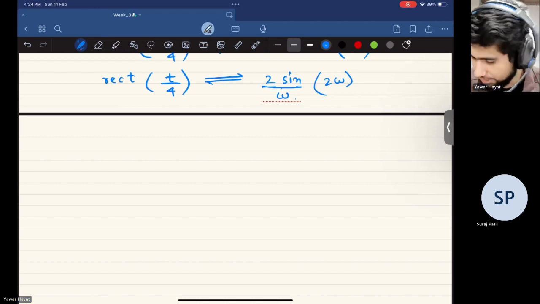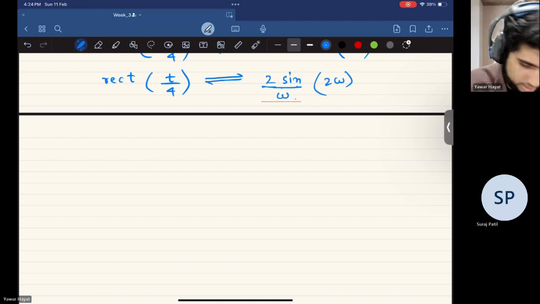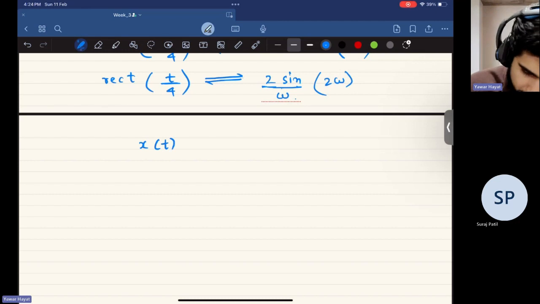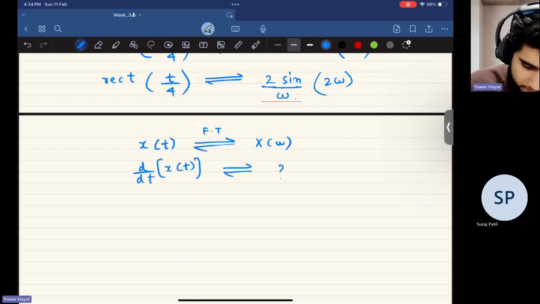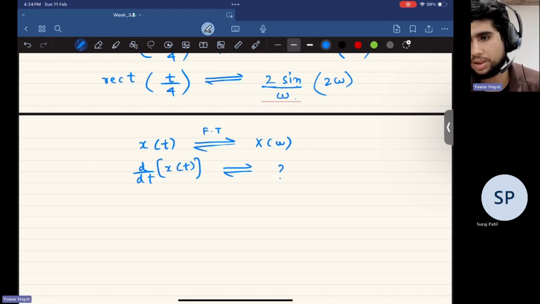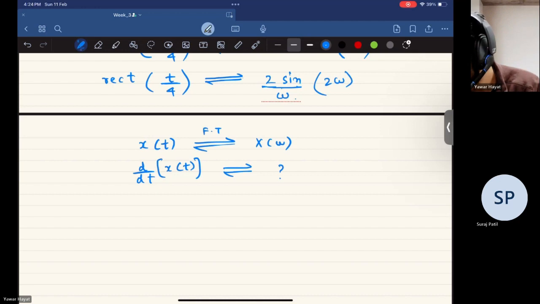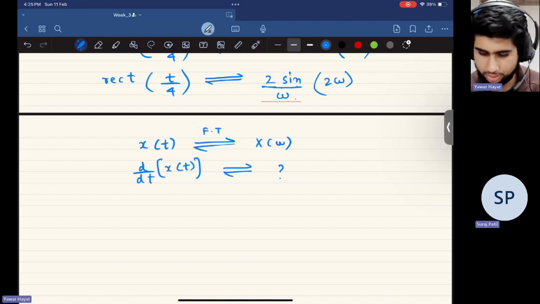Have you read about this property: given x of t, the Fourier transform x of omega, if I take the derivative of x of t, what should be the Fourier transform? Has this been taught? Sir, I have no idea about this. Can you please explain?